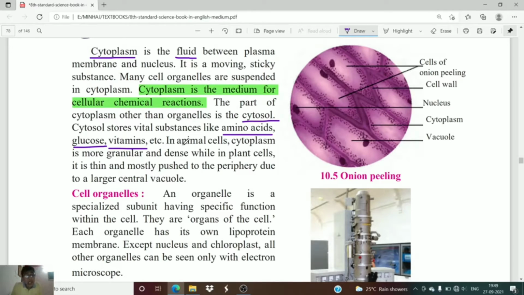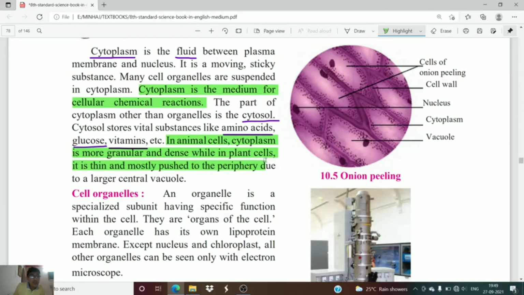Now in animal cells, cytoplasm is more granular and dense, while in plant cells it is thin and mostly pushed to the periphery due to a large central vacuole. The difference between the animal and plant cell cytoplasm is given over here. In animal cells, cytoplasm is more granular and dense.